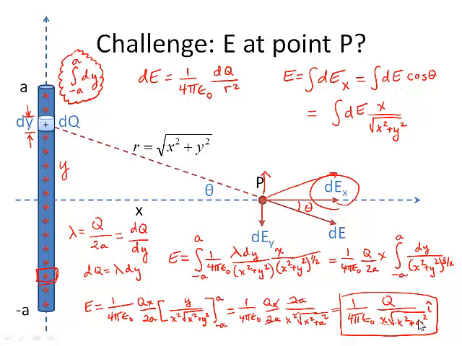So if a is really small, this term will go away, and I get 1 over 4 pi epsilon naught q over x times the square root of x squared, which will be x squared on the bottom. So then it reduces to the formula 1 over 4 pi epsilon naught q over r squared, which makes sense.